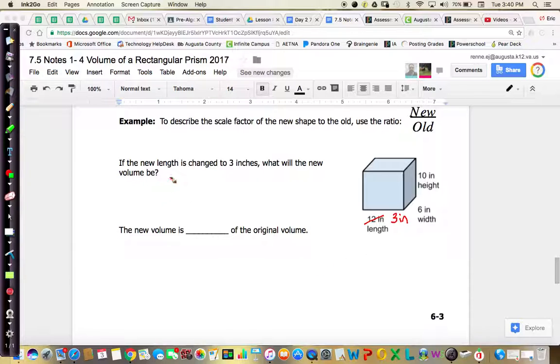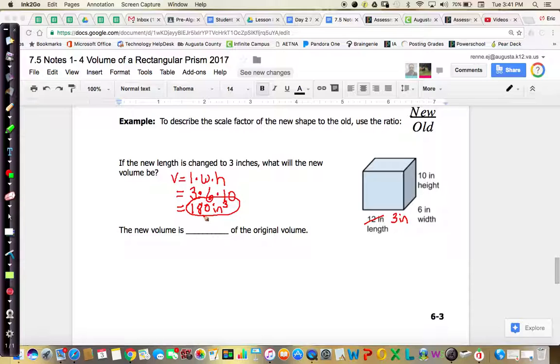Okay, so we know that the formula is length times width times height. So the length, if you look at the picture, is 3. The width is 6. And the height is 10. So 3 times 6 times 10. 3 times 6 is 18. 18 times 10 is 180. So it's 180 inches cubed.